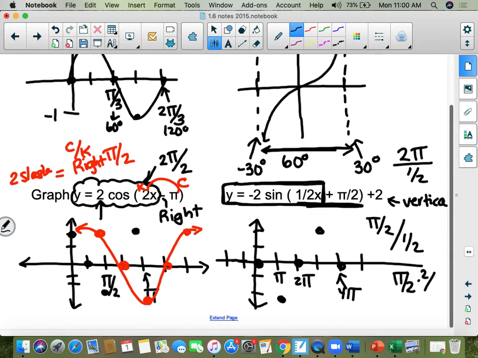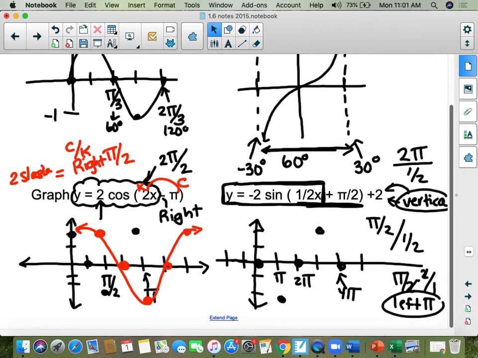Flip this to 2/1. I'm going to shift everything to the left pi. Everything gets shifted to the left pi and up 2. So this is what every dot's going to, I'm going to go left pi. Well, pi is only 1 slash, you guys. So I'm going to go 1 slash to the left, and I'm going to go also up 2.